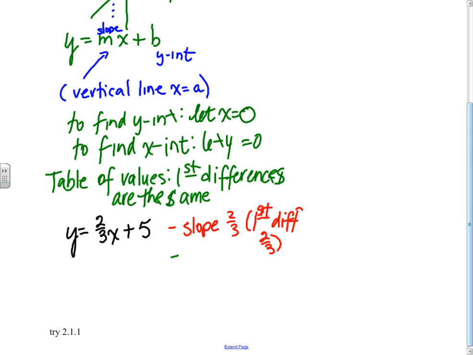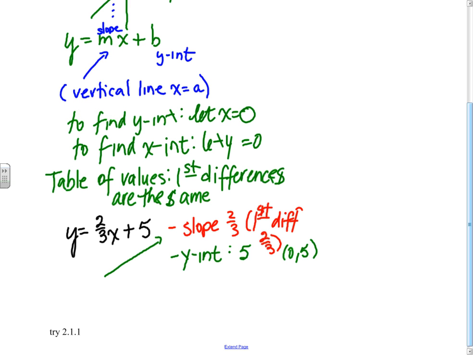Our y-intercept would be 5, so that we would have a point (0, 5) on our graph. It would have a slope upwards to the right.